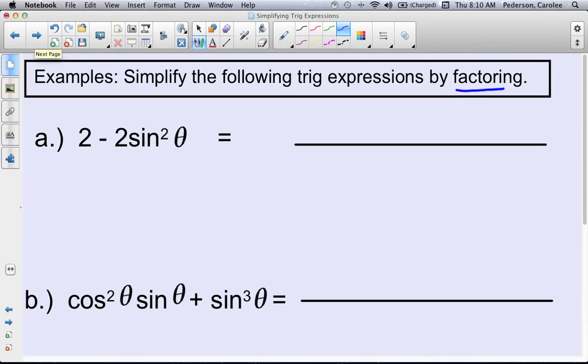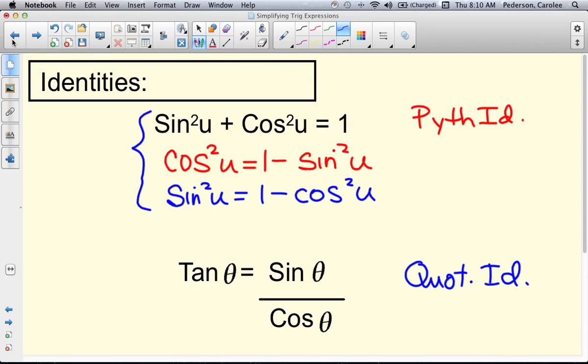So in this first example, we have a GCF of 2. We're going to factor out a 2 from this expression. So 2 divided by 2 is 1. I take a 2 out of here, so I'm left with negative sine squared of theta. Now, 2 slides ago, we talked about that Pythagorean identity.